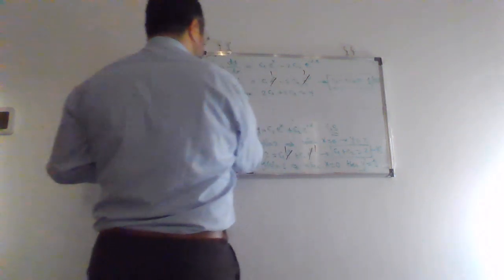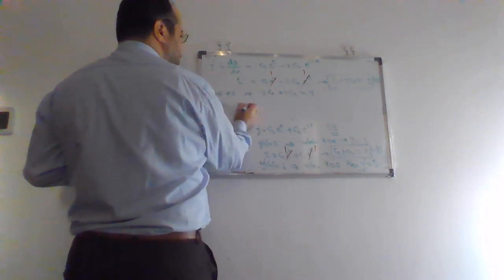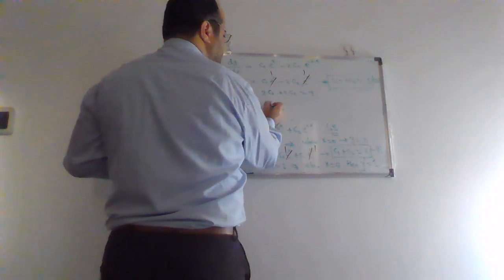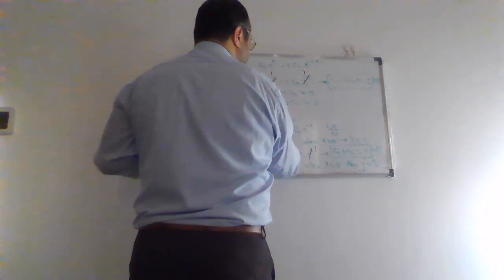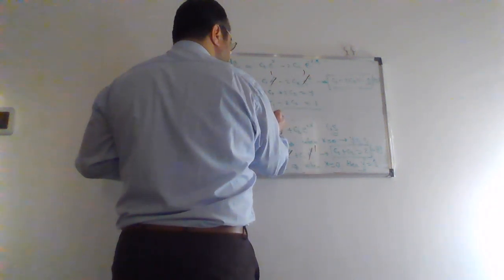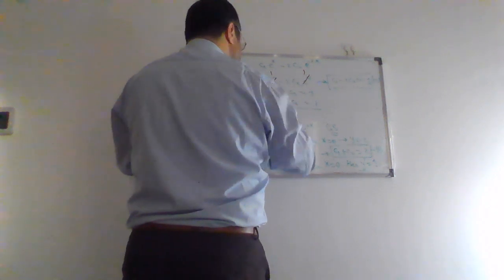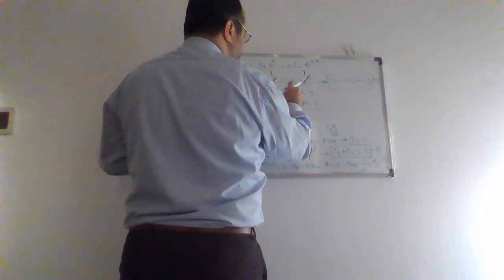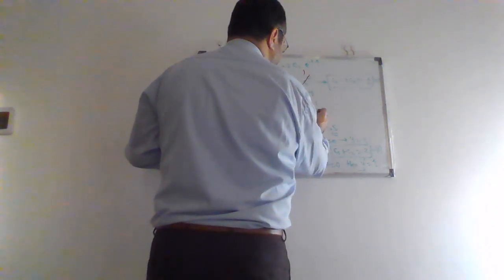And then equation number 2 as it is: C1 minus 2C2 equals 1, right? Now you add these. When you add, you get 3C1, and the C2 terms cancel, because you make them the same but with different signs, and equals 5.